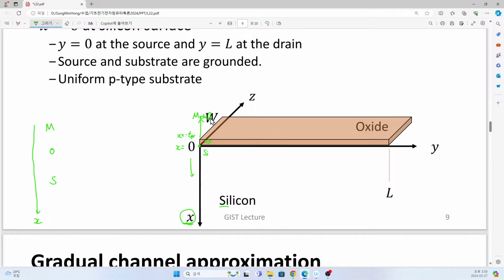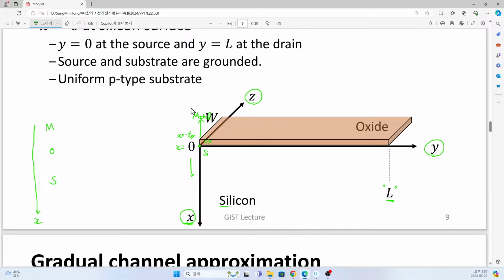And here we have oxide, and the gate oxide has a length of capital L, corresponding to the y-axis. Of course, there are x, y, z, but this z direction is regarded as the least important one because we assume homogeneity or uniformity along this z direction.